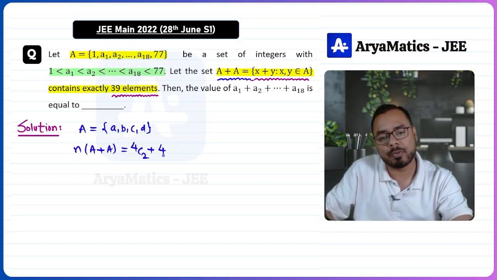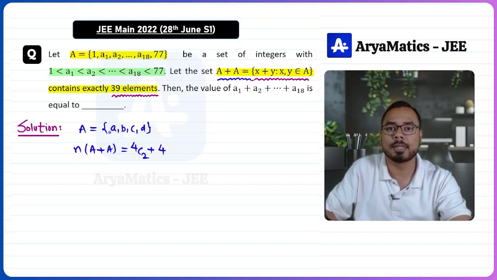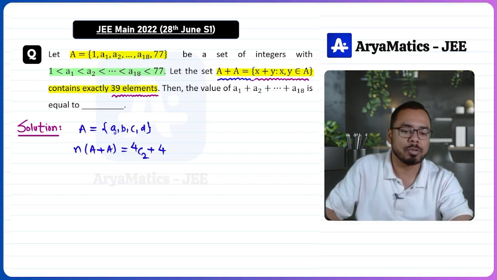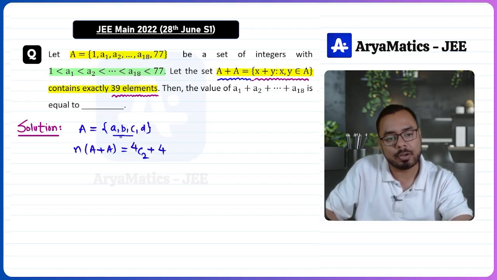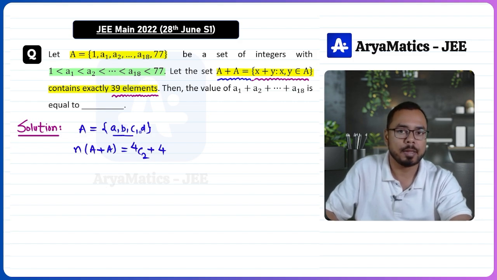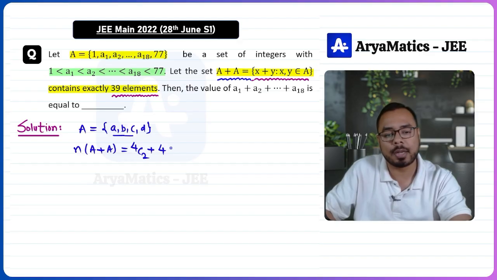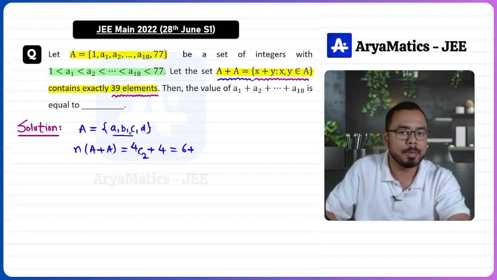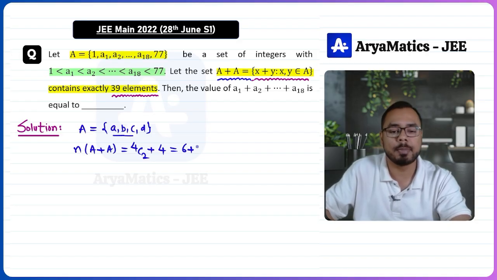Plus, there are other four sums that you can create by taking the same numbers. 4C2 means you have selected AB or AC or AD or BC or BD or CD. So those are the six sums that you can create. And another four sums will be A plus A, B plus B, C plus C, and then D plus D.